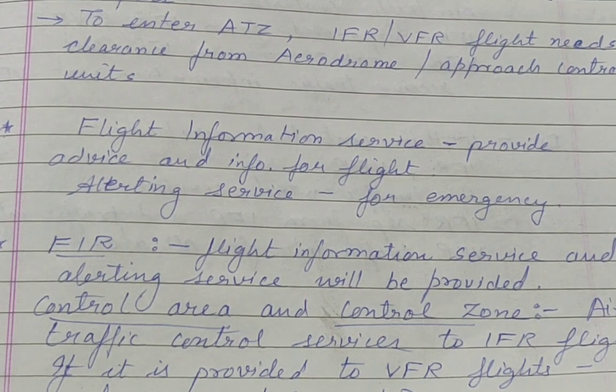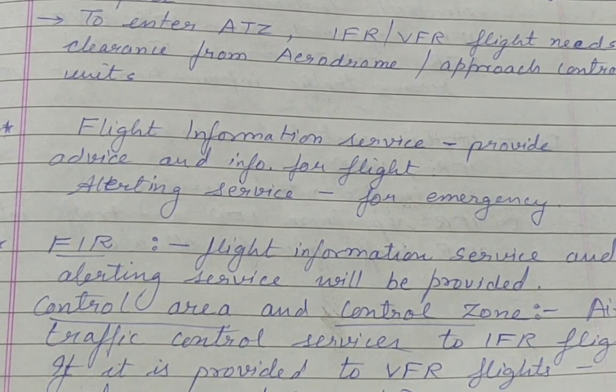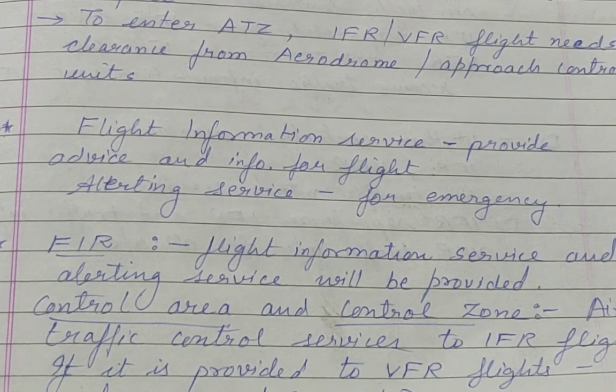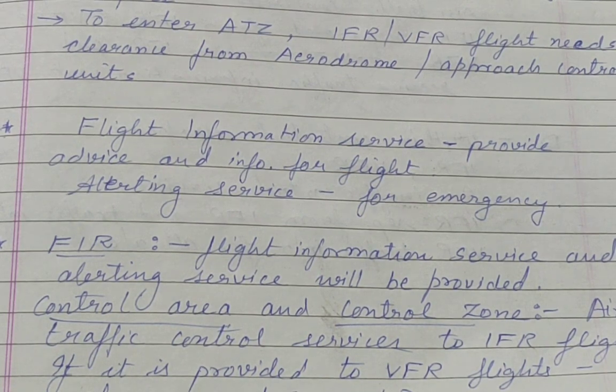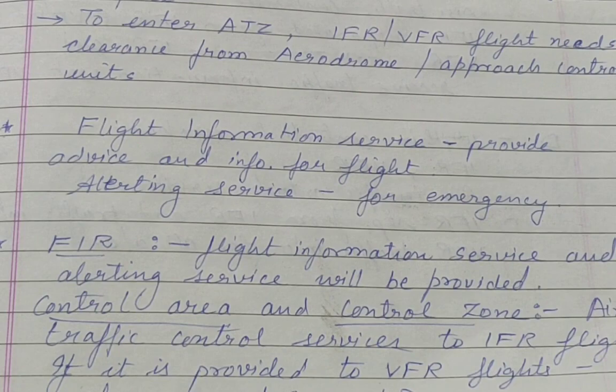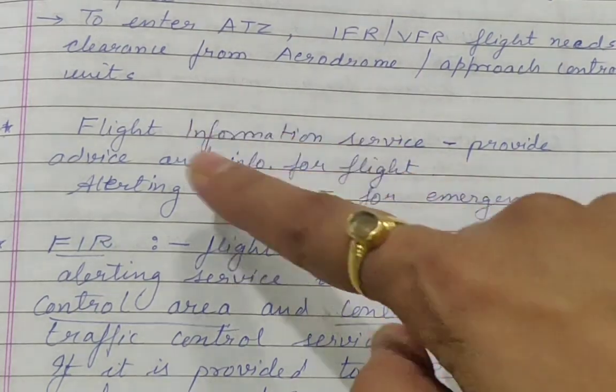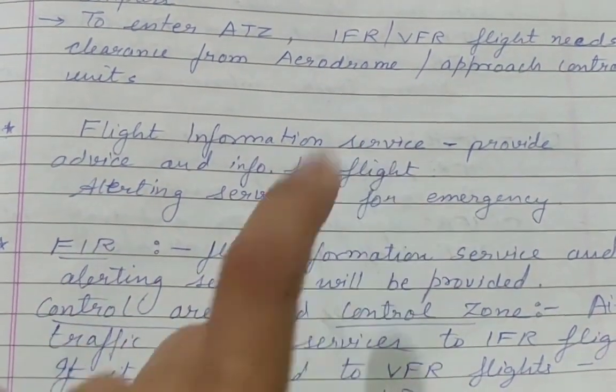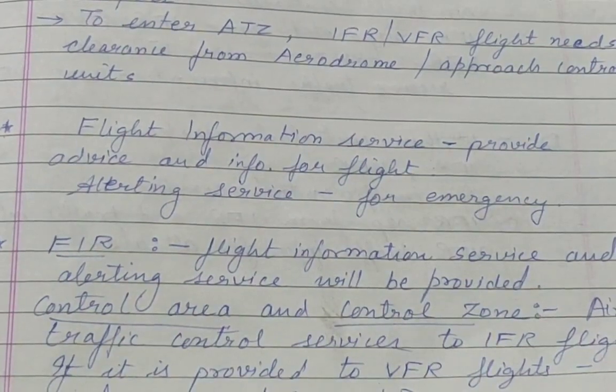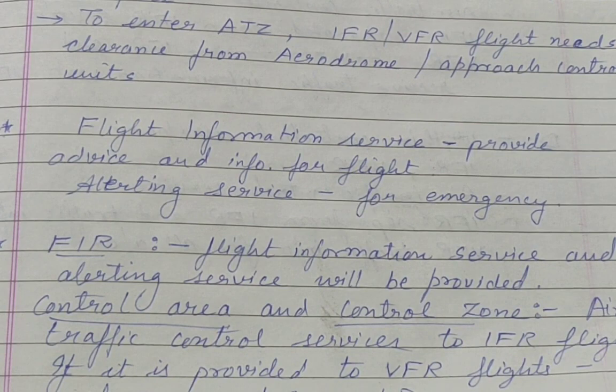If that is not available, then flight information services are provided so as to take proper steps, whatever steps have to be taken next. But it won't give you exact, precise information. Apart from that, they also give some weather information. Again, we'll be discussing it in detail.